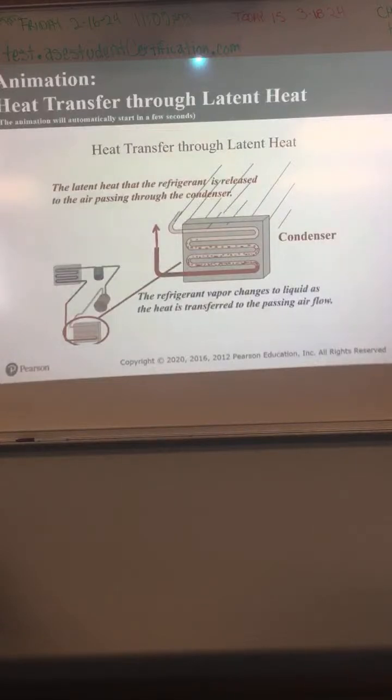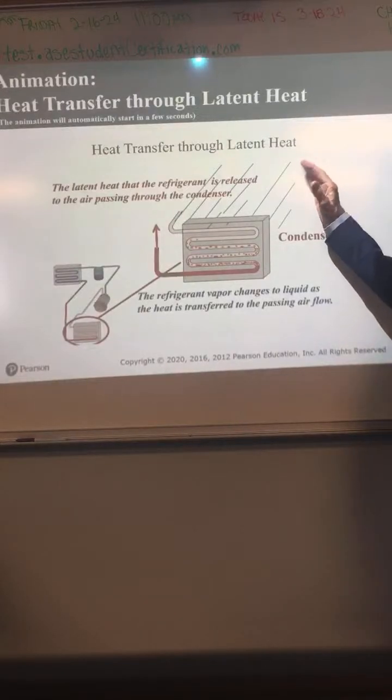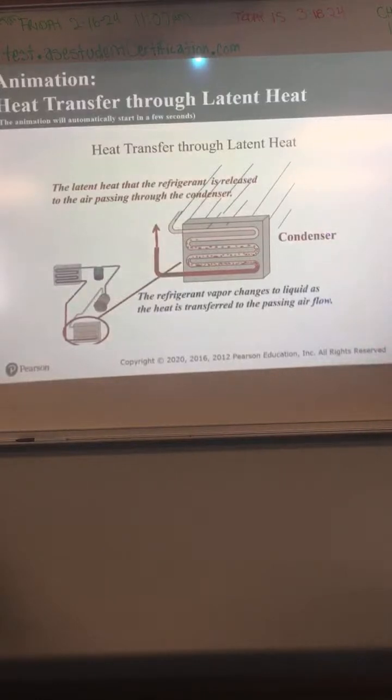We'll just call this 200. Remember when we were watching the video, it showed the little gauge he had on the low side, and it was reading somewhere around 30, 35. That's about normal. Shouldn't really go any higher than that.